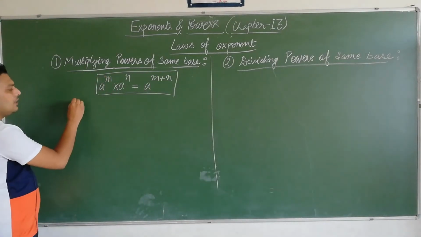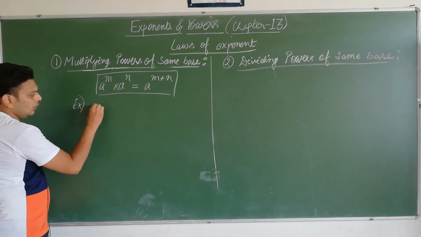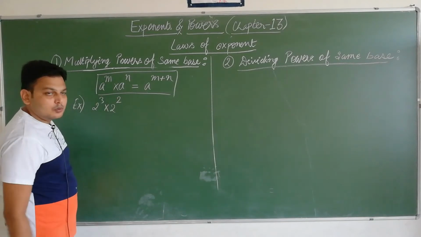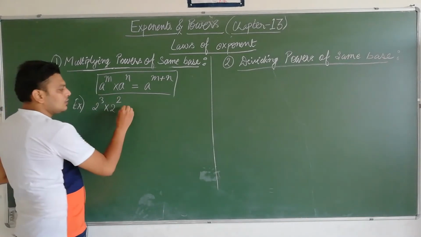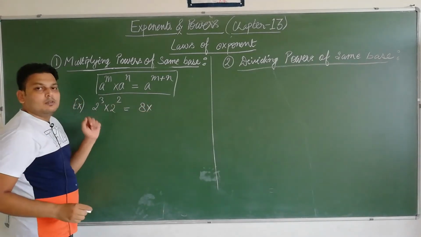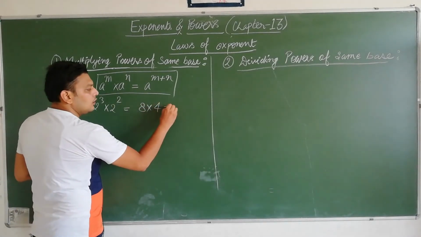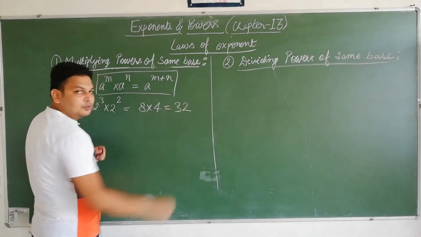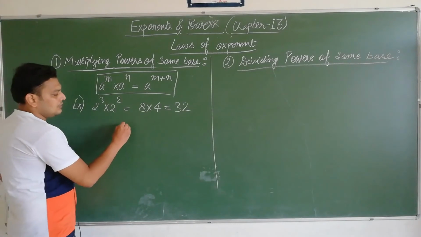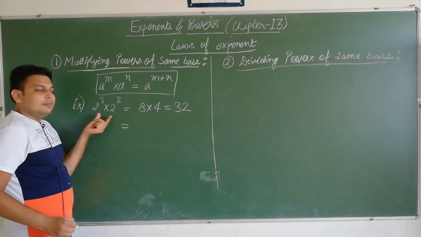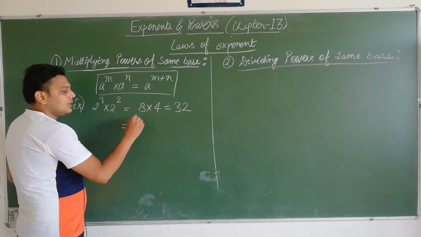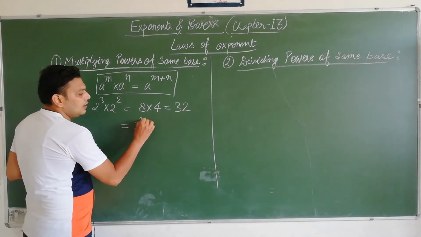Now let's have an example. 2 to the power 3 into 2 to the power 2. We can solve it as 2 to the power 3 means 8, into 2 to the power 2 is 4. 8 into 4 becomes 32. And this can also be solved using the first law, which says that numbers having the same bases but different powers can be written as the base remains as it is and the powers get added.